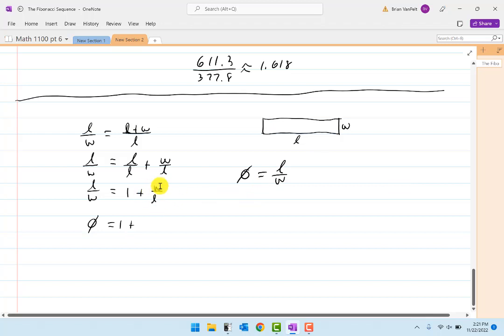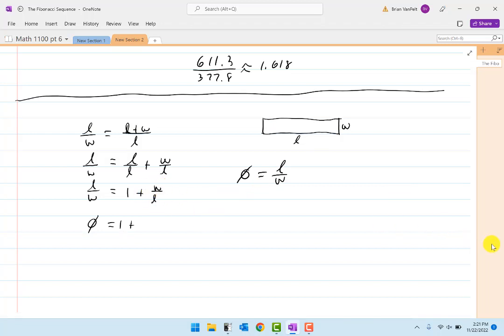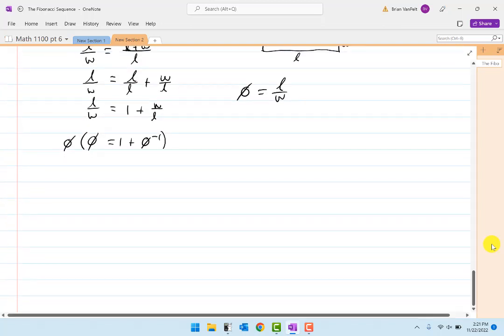Over here, though, this is upside down. What you can do, though, is write this like that. So that's 1 over phi. Then I'm going to multiply the entire equation by phi.